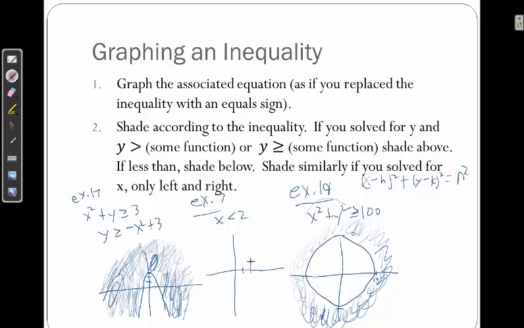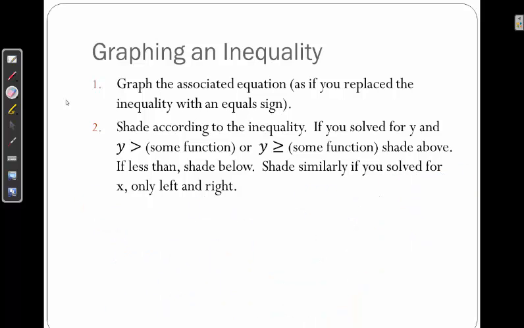Now I don't have y in this case, but I can still shade because if x is less than something, it's going to be to the left. So yeah, in WebAssign there's a little paint can you can use. It's like the fill can in any paint program, which you can use for shading.